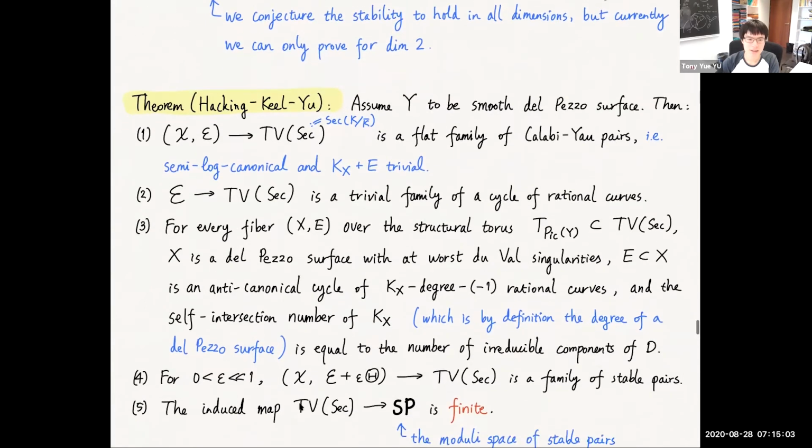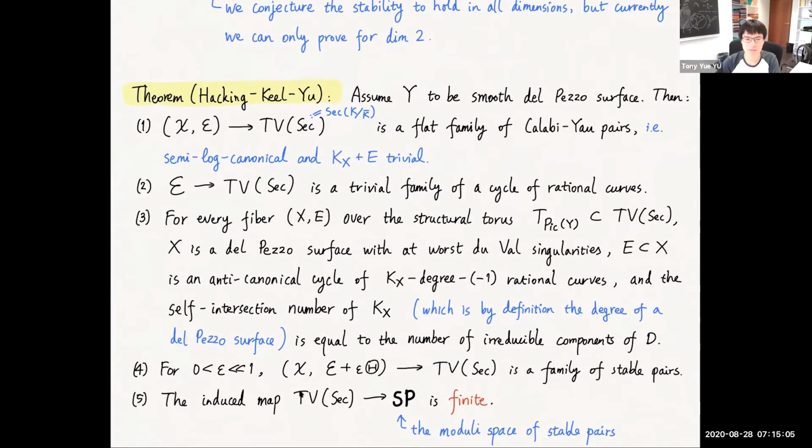So we can consider the induced map from the toric base associated to the secondary fan to the moduli space of stable pairs, and we show that the induced map is finite, thus providing the conjectured finite cover from a toric variety.